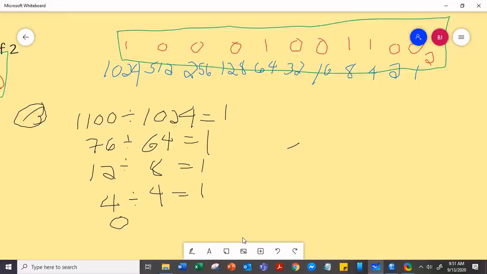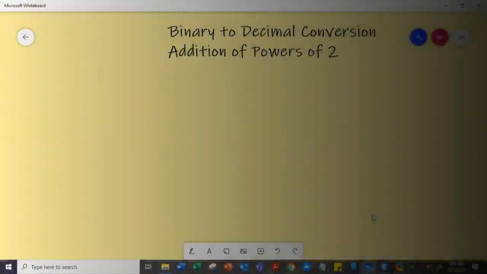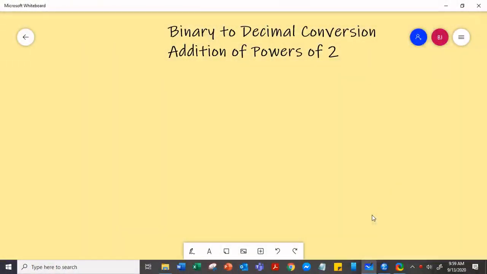Then we'll do a reverse process in which we convert binary into decimal. Okay, let's now go to the reverse process by converting a binary number back to decimal.